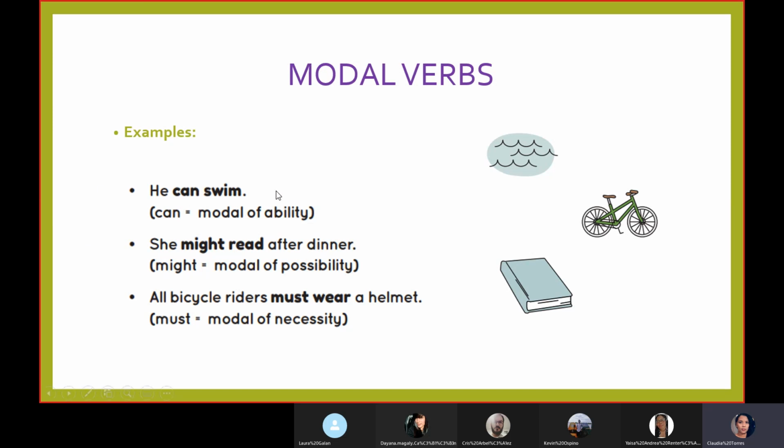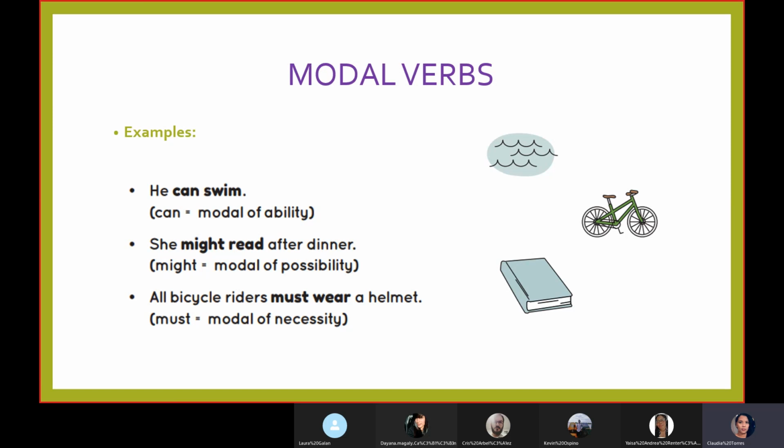So he can swim. And remember here, we're using can for ability because swim is a thing that you can do as a skill, right? So it's something that you can learn or you can develop over time.